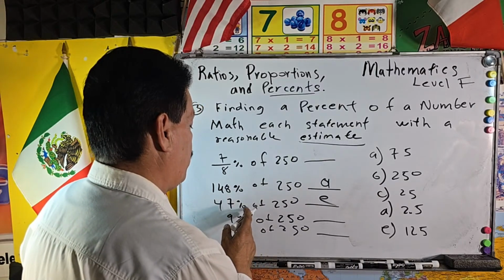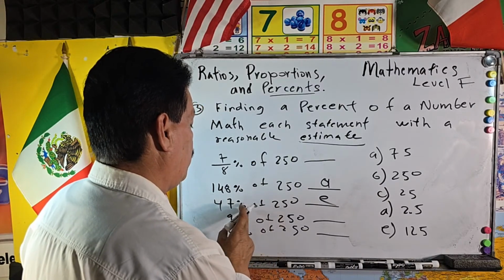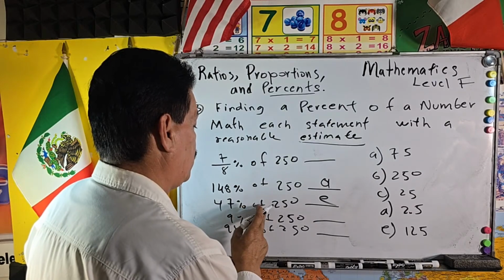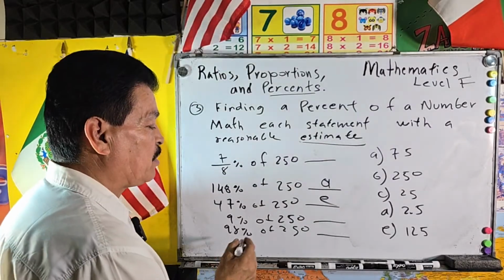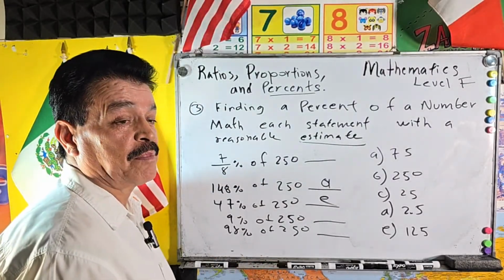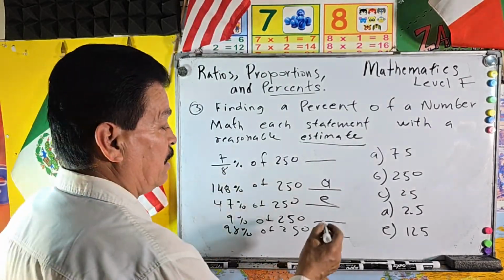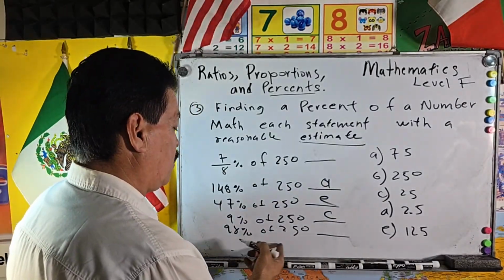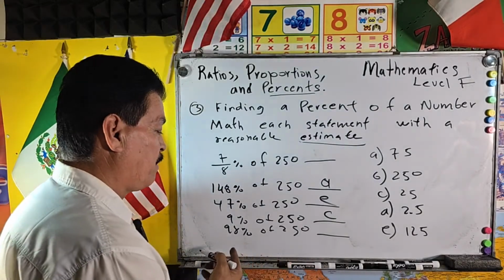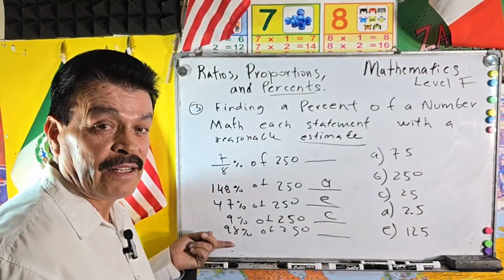47% of 250. So, not exactly. 90% of 250. Did you see? 98% of 250, 90, or almost is 100. Almost is 100.